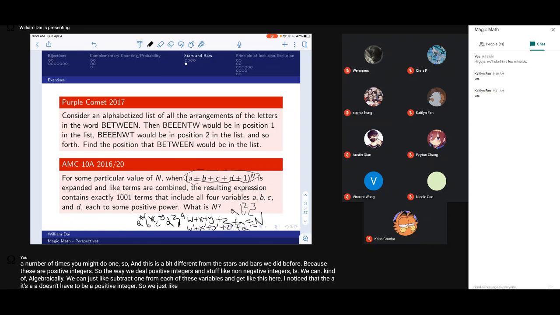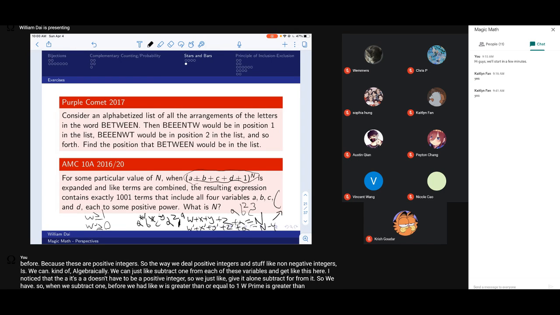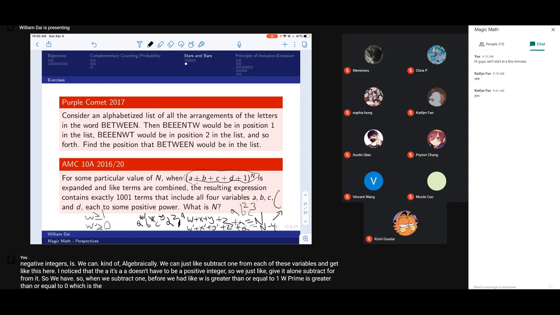We don't subtract 4 from it. When we subtract 1, before we had w is greater than or equal to 1, now w prime is greater than or equal to 0, which is the definition of a non-negative integer. Using this we get n choose 4, using the stars and bars we did before.